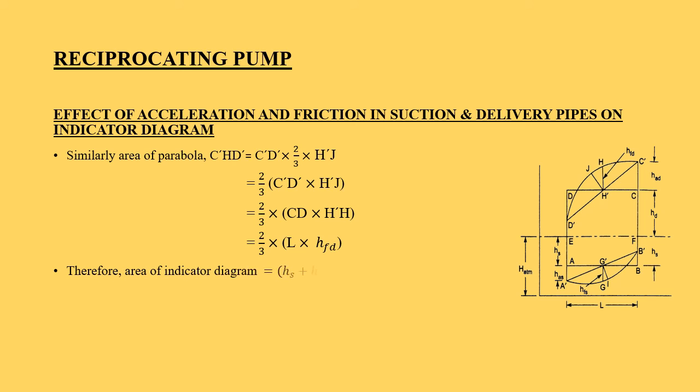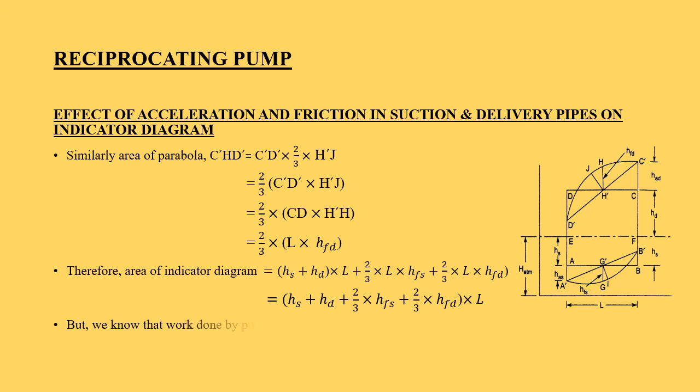So, the area of the indicator diagram will be HS plus HT into capital L plus 2/3 L into HFS plus 2/3 L into HFT, so that we can rewrite the equation as HS plus HT plus 2/3 of HFS plus 2/3 of HFT into L. But also, the work done by the pump is directly proportional to the area of the indicator diagram.